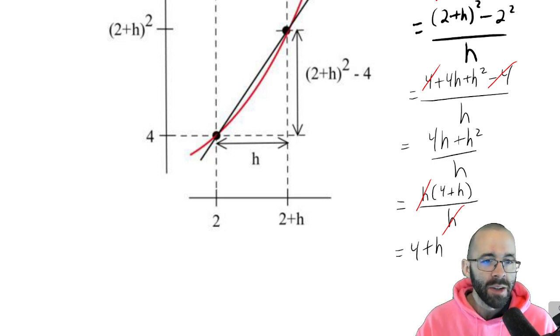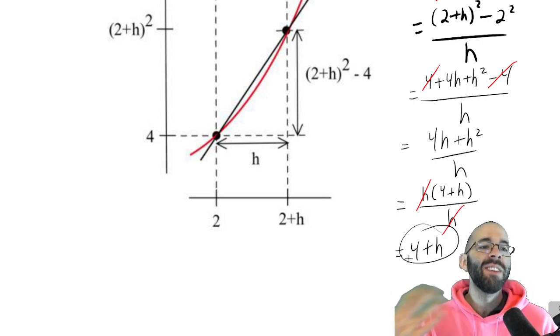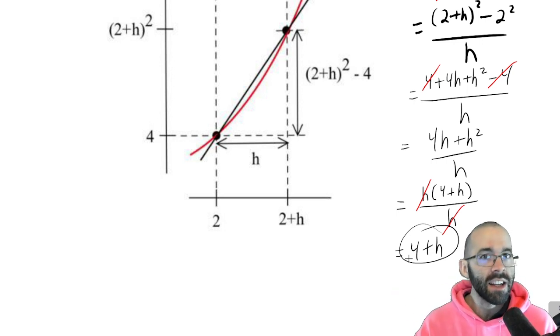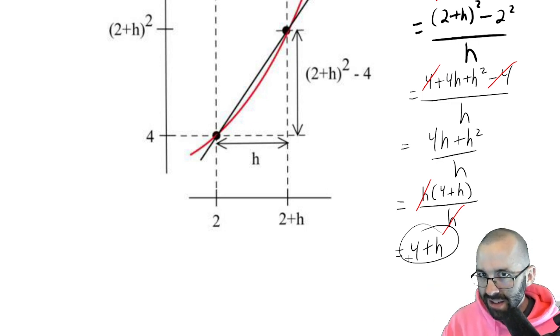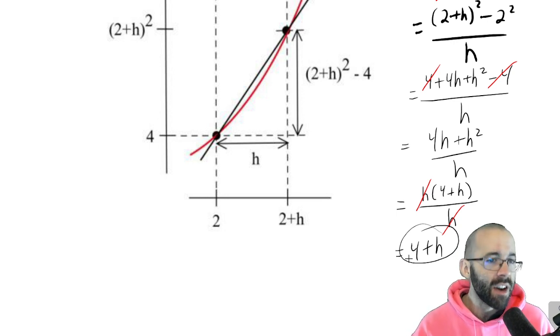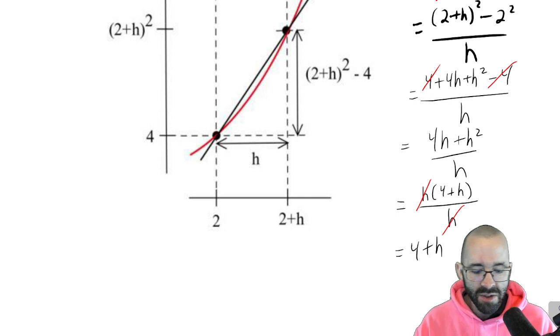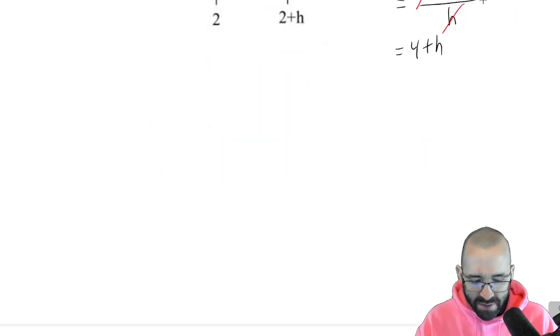And as h gets really, really small, what happens to 4 plus h? As h goes to 0, the limit is going to be 4. This is a linear function. We know linear functions are continuous, and if something's continuous, the limit is equal to the function value. So the limit as h goes to 0 is just when h is 0.